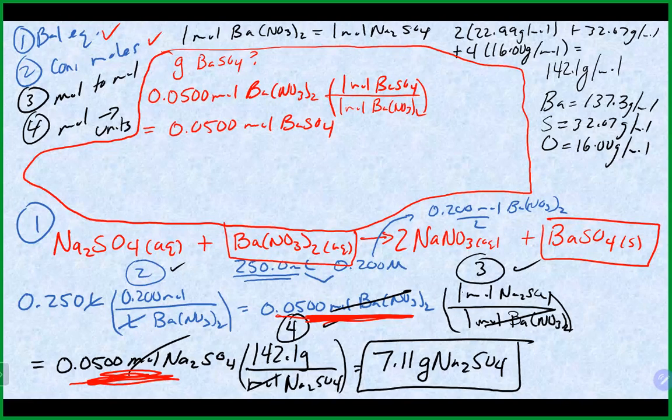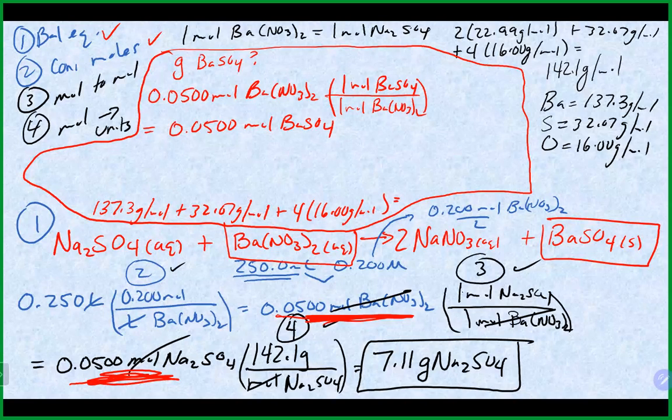But we are looking for grams, so we do need the molar mass here of barium sulfate. So that's 137.3 grams per mole for the barium, plus 32.07 for the sulfur, plus 4 times 16 for the oxygen. That's going to give us 137.3 plus 32.07 plus 4 times 16.